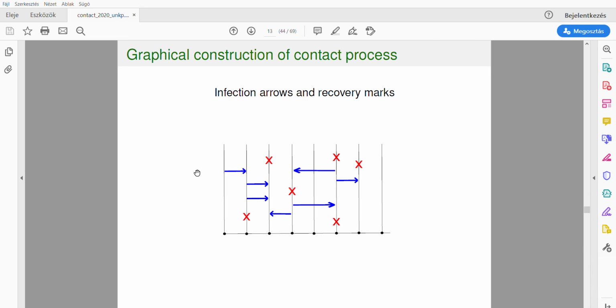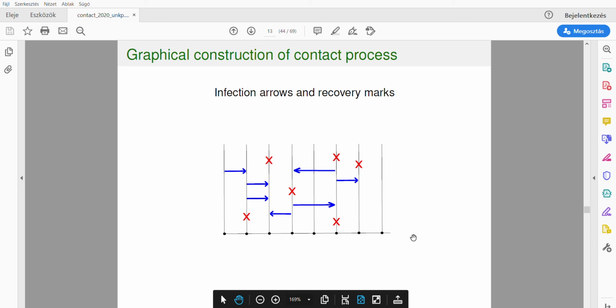So if I draw a horizontal line whose height is t, then that is going to give me the contact process at time t, and the way to do it in space-time is using infection arrows and recovery marks.